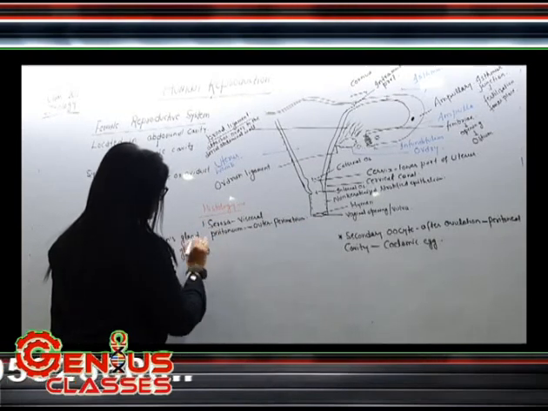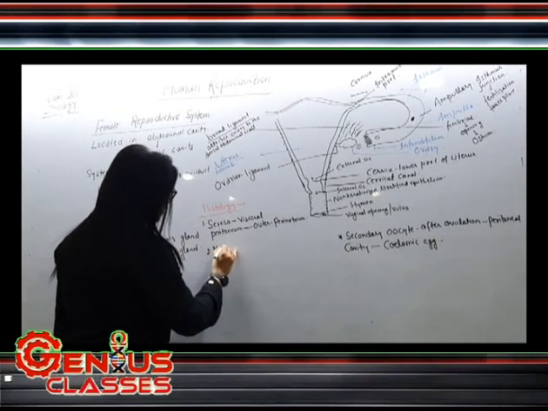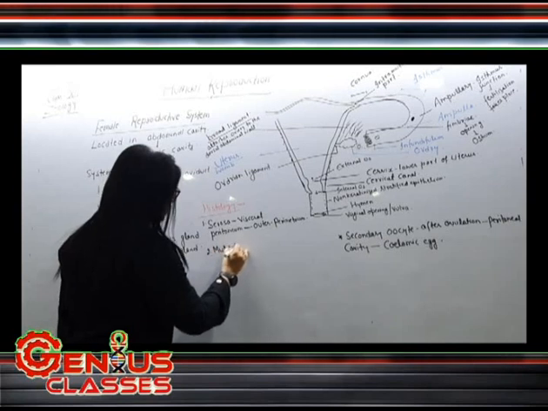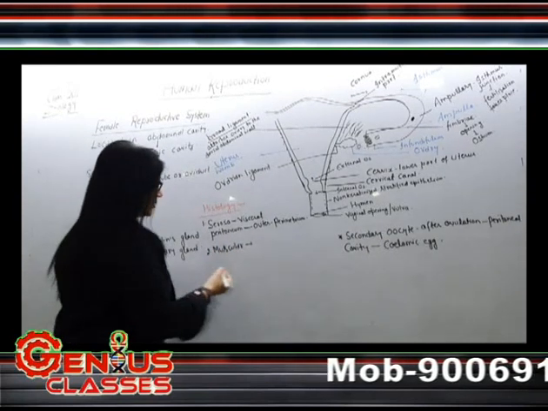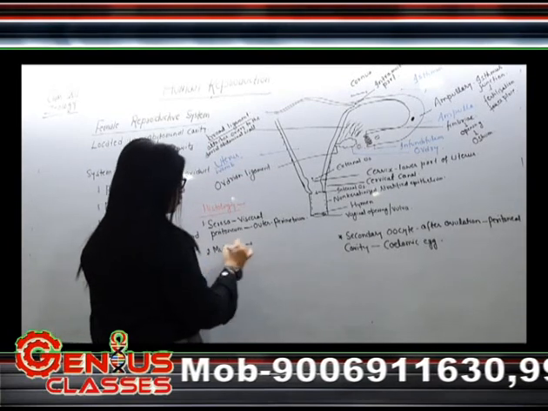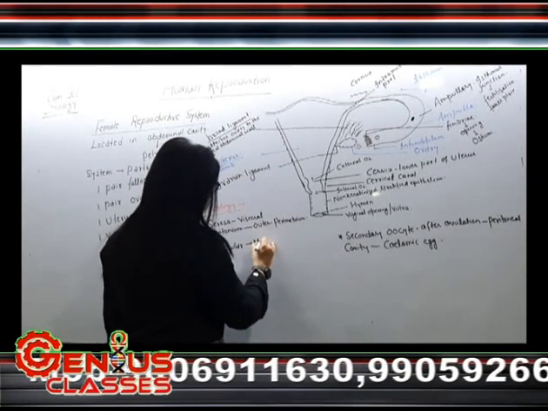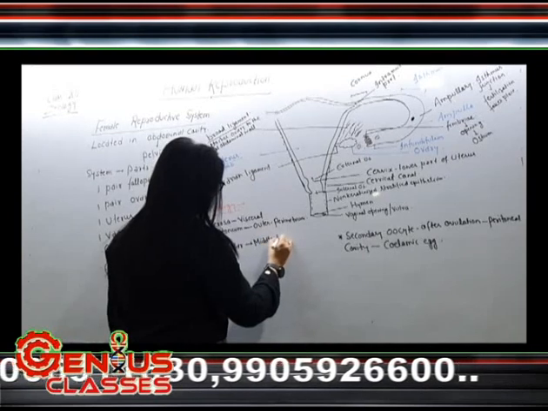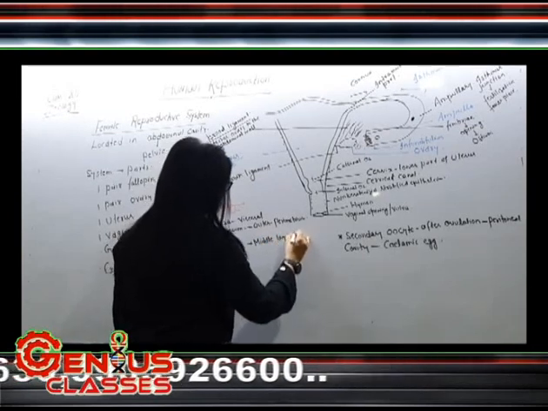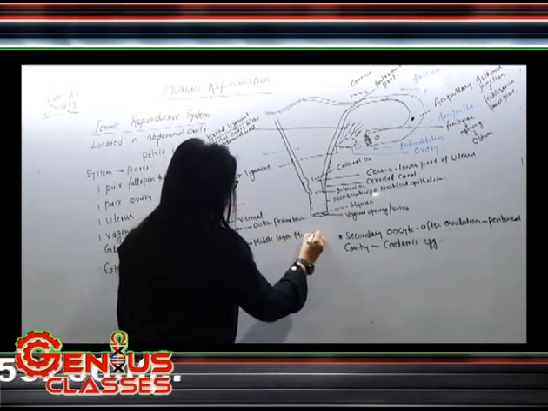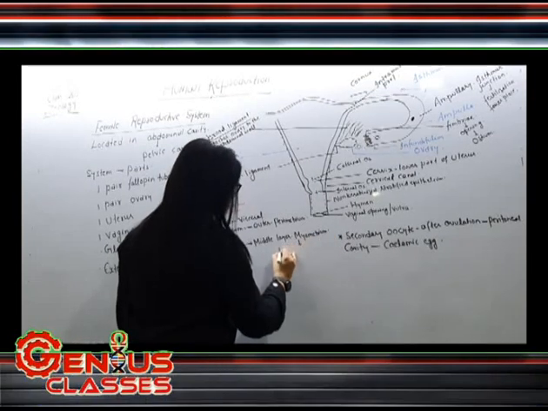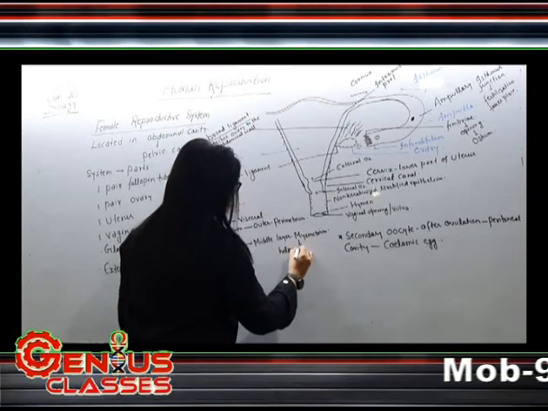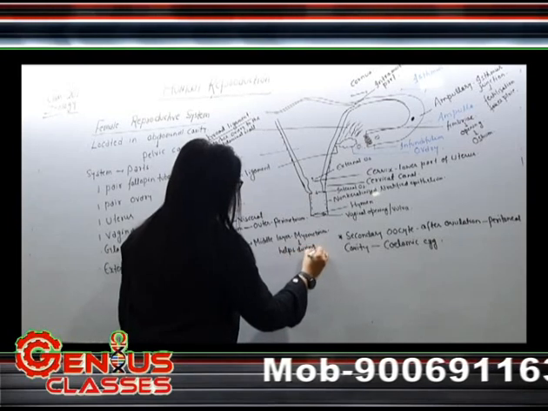The second one is the muscular layer. The muscular layer is made up of smooth muscles, and this is the middle coat. This is called the myometrium. The myometrium helps during parturition.